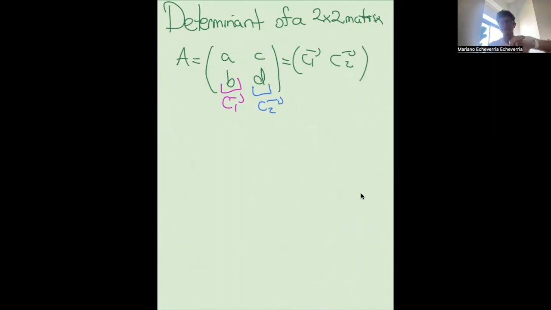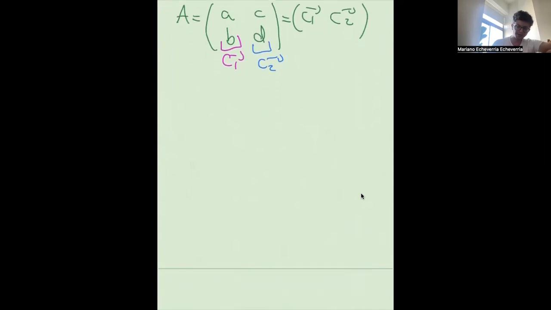Okay. There are a few ways to think about it, but this is a very nice perspective. So here's interpretation 1 of what this determinant is going to be. You can start on the xy plane with the unit square. So let's begin with the unit square.